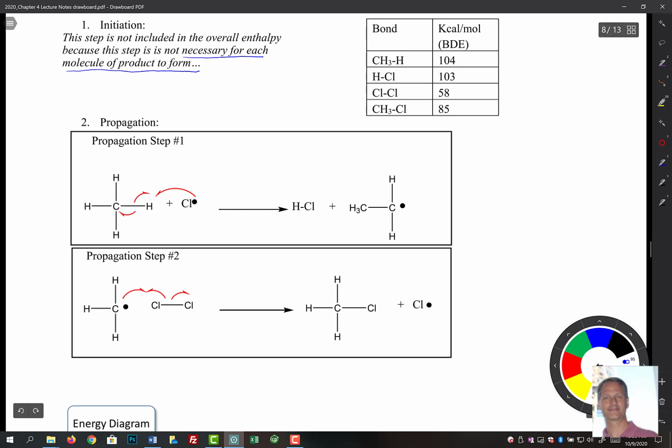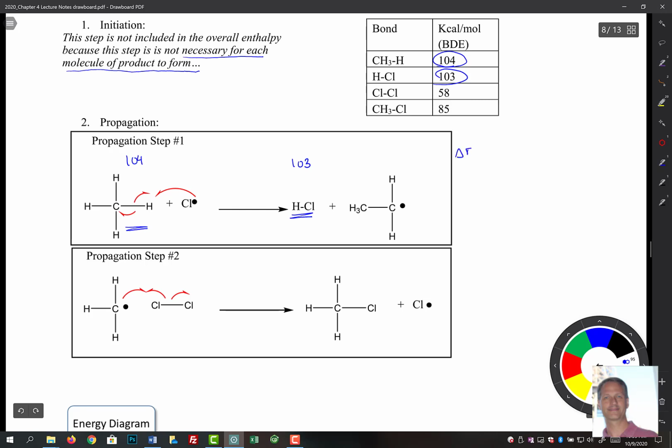So our BDE for CH3-H is 104. So that's going to be 104 kcals per mole, broken. Formed, so what was formed? HCl. That was formed, right? So that's broken, that's formed. This is 103.